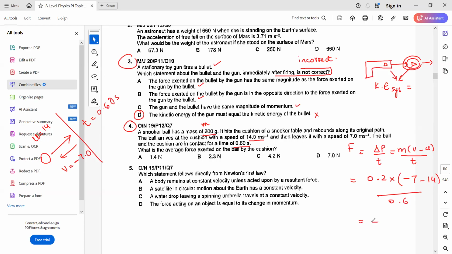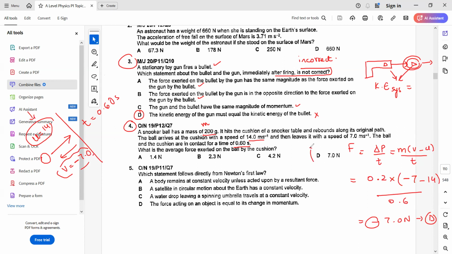Once we simplify it, we are going to get the answer as 7 newtons, which is option D. The negative sign shows that the question has assumed the other direction to be positive. What we have done is taken this direction as the positive direction. Maybe the question has taken this direction as the positive direction.